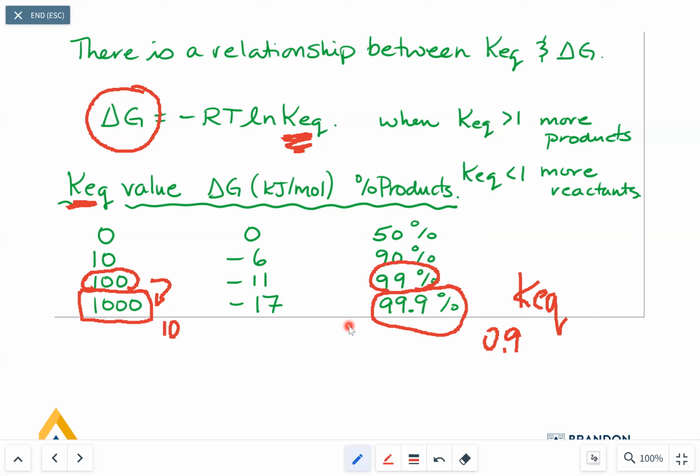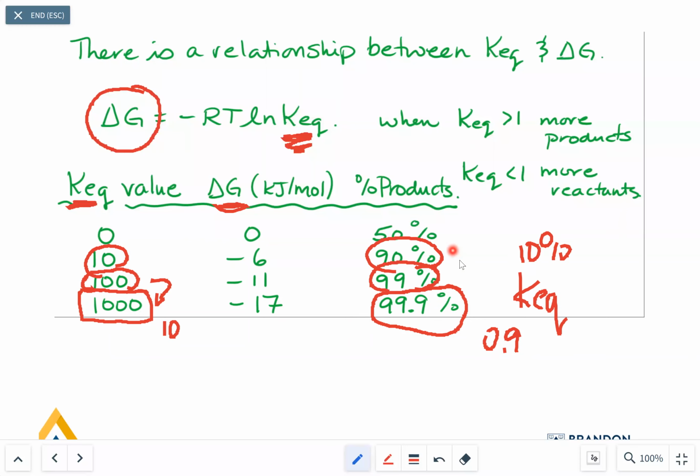So equilibria do exist because the number of molecules in a system is just so enormous, and there is a relationship between delta G and the equilibrium constant. You can see that even when it's 10, you're at 90% conversion. It'll be 10% starting material.